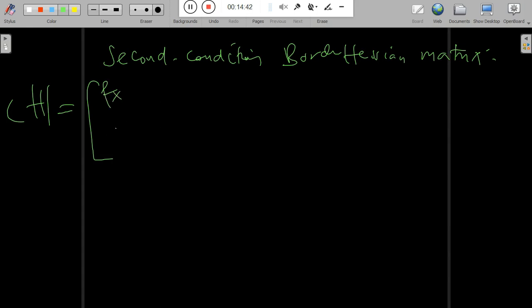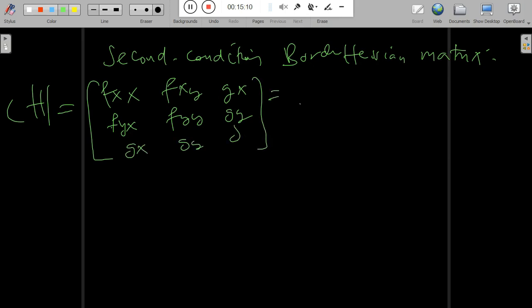So the second condition of bordered Hessian matrix is given by the function of xx, the function of xy, gx, and the function of yx, function of yy, gy, gx, gy, 0. So we actually develop this bordered Hessian matrix format by considering the partial derivative of dL in respect of dx, the dL in respect of dy, and dL in respect of d lambda.